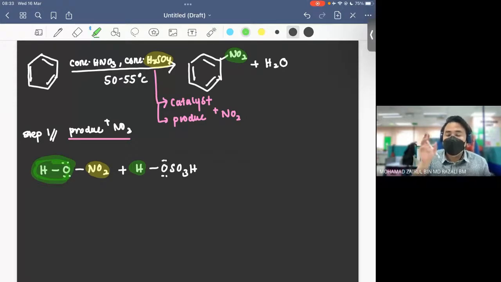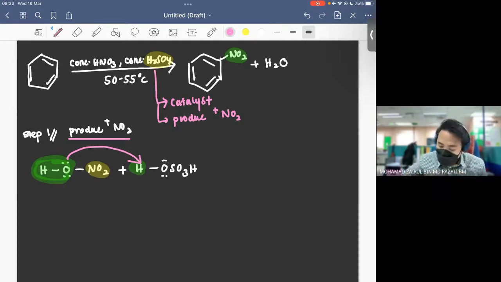So remember that your arrow must always start from electron rich species. Okay, for this case, sebab kita nak tambahkan hydrogen dekat OH kan, so O yang dekat OH tu adalah electron rich. So dia boleh donate a pair of electron to the hydrogen. Okay, before the hydrogen itu boleh pergi dekat oksigen, dia kena break away dulu daripada compound ni.